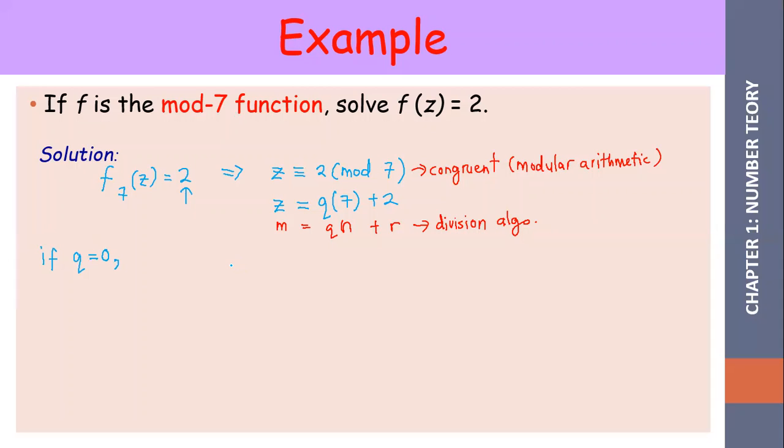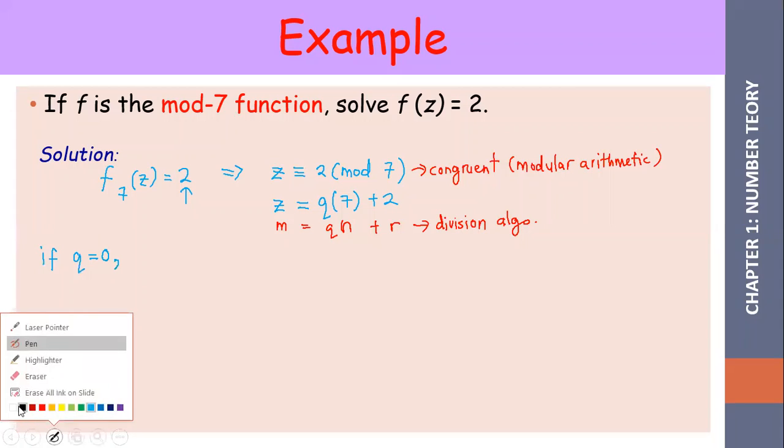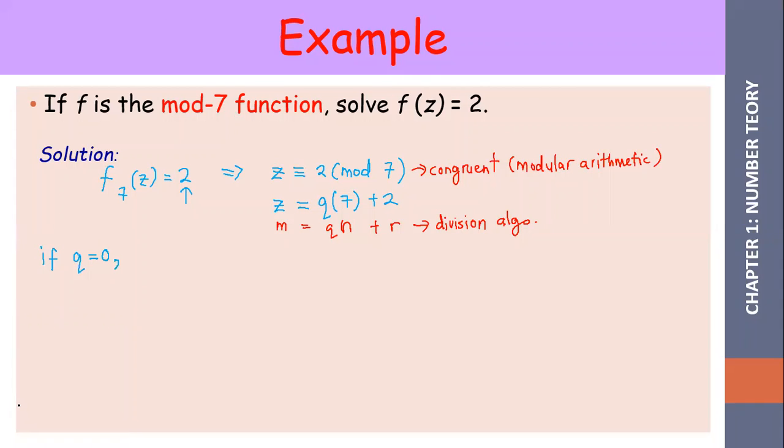Okay, so z equal to 0 times 7 plus 2, so equal to 2. So your z is 2. Okay, if your q is 1, then z equal to 1 times 7 plus 2, which is 9.